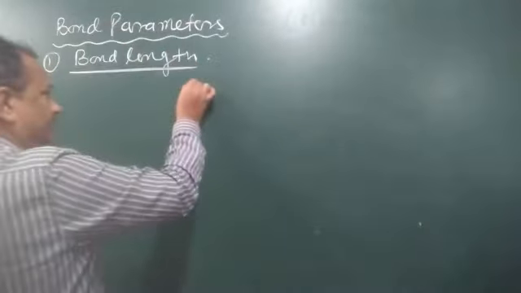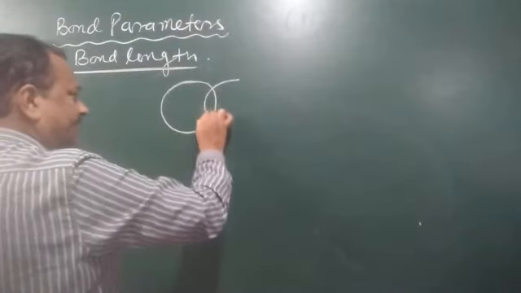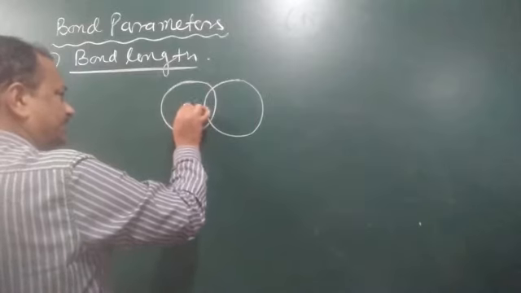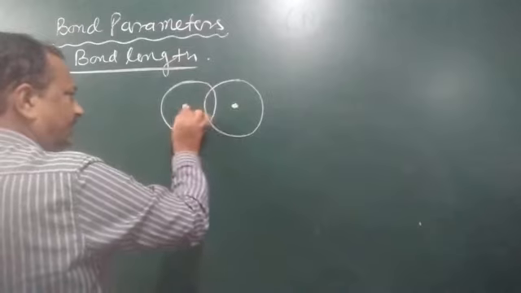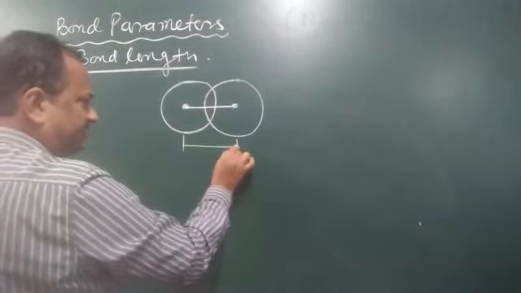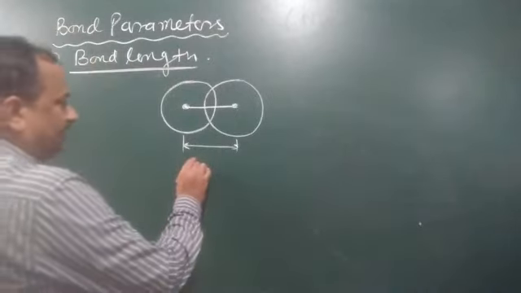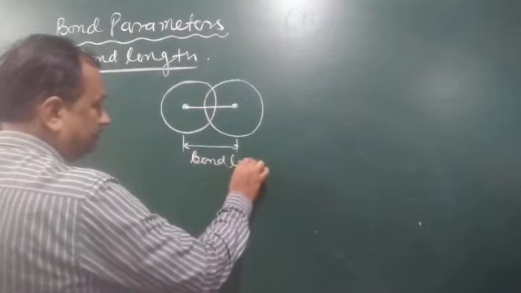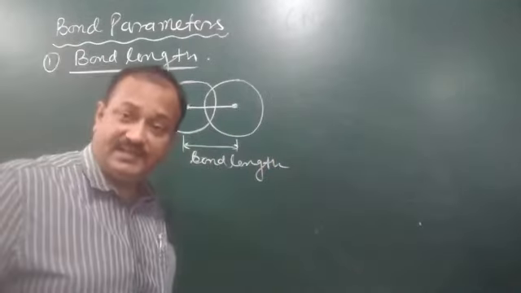See here, if I draw an atom, and here the second atom, here is the nucleus of one, here is the nucleus of the second. So this distance between the centers of the nuclei is called bond length. And from this to this, it is the radius.